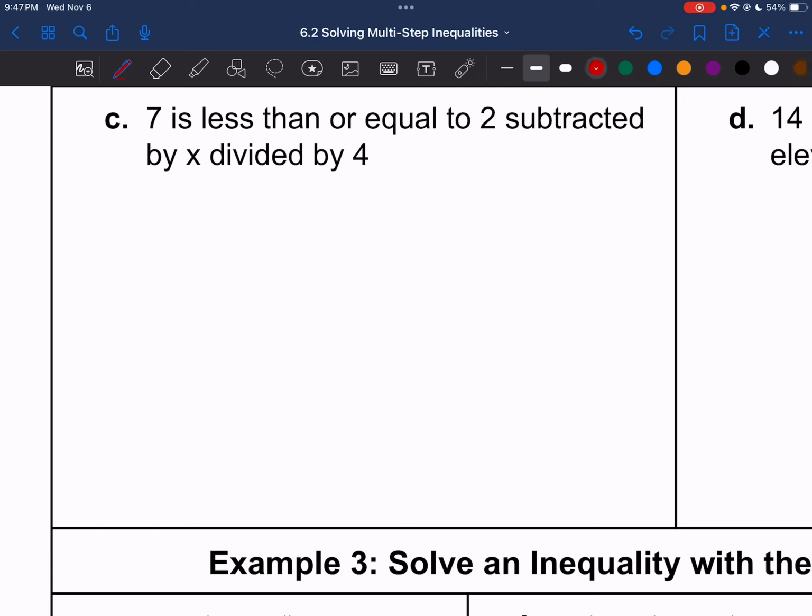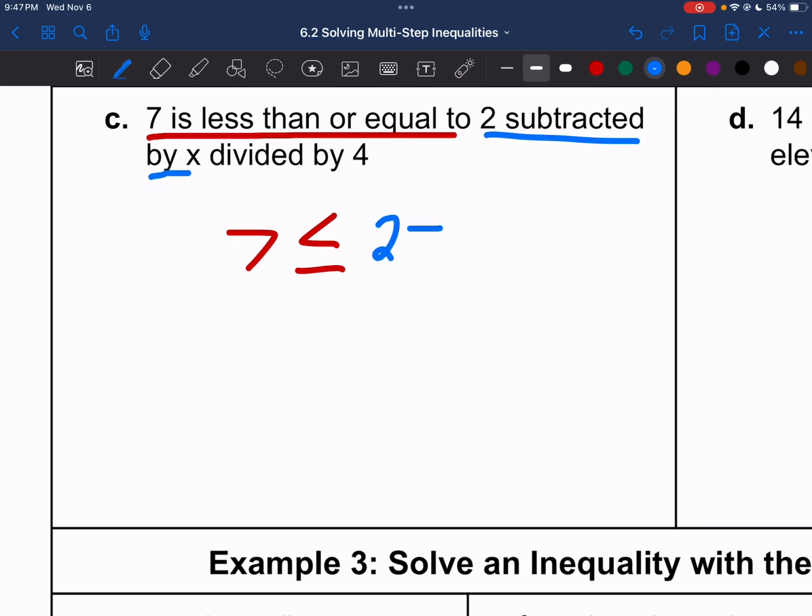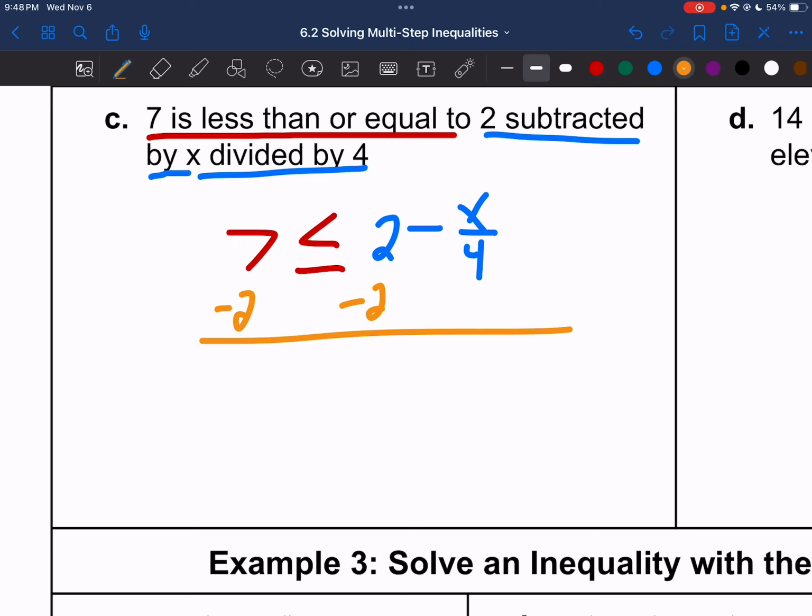So we start off with 7 is less than or equal to 2 subtracted by x divided by 4. So our first step, subtract 2 from both sides.